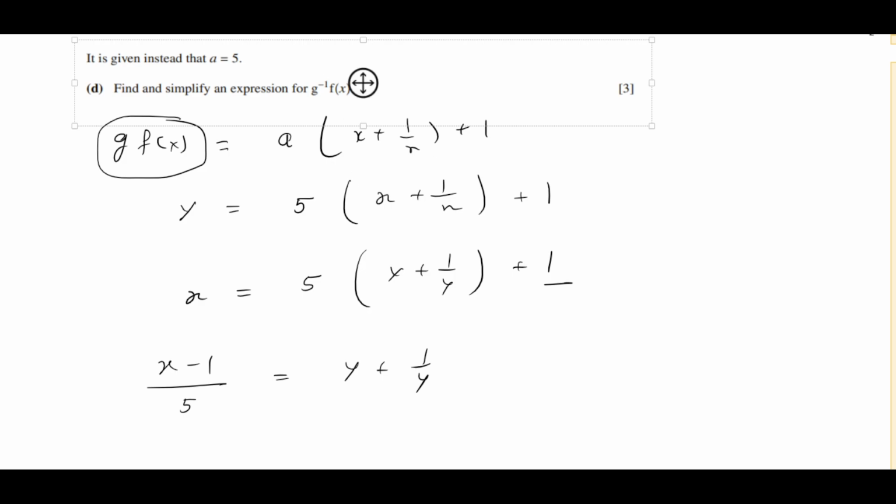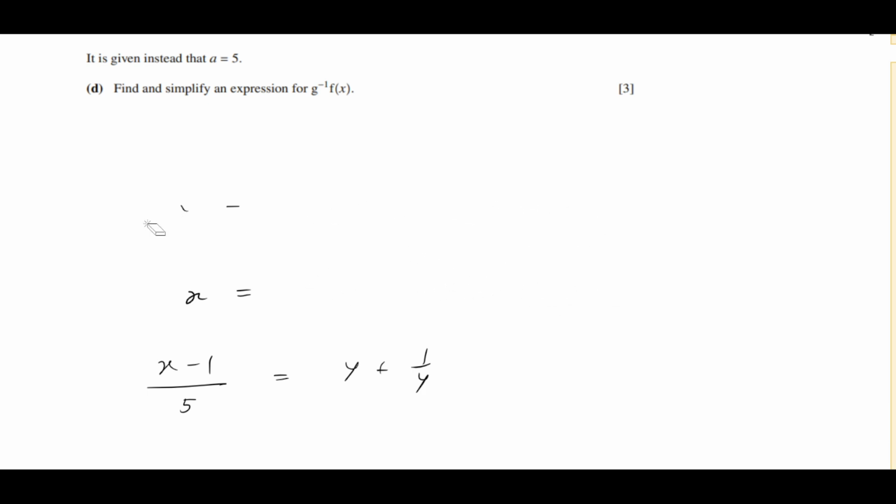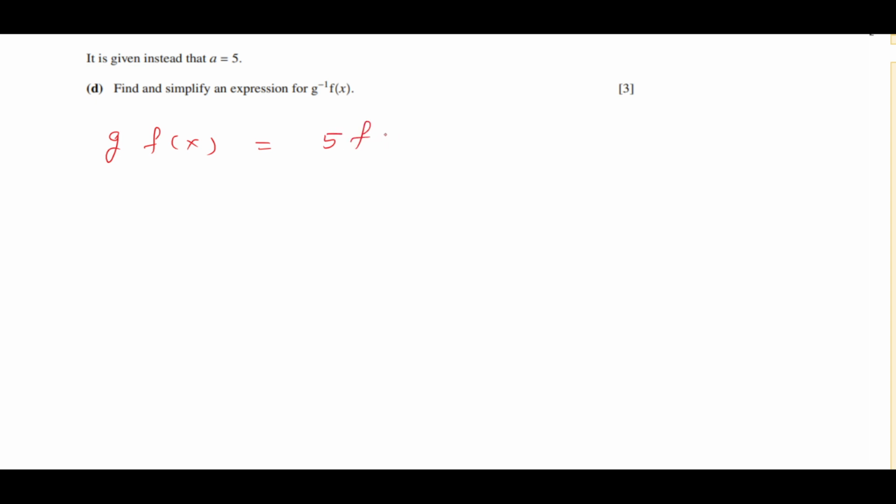Actually, instead of considering what we have already done, I have g of fx, as 5 times fx.